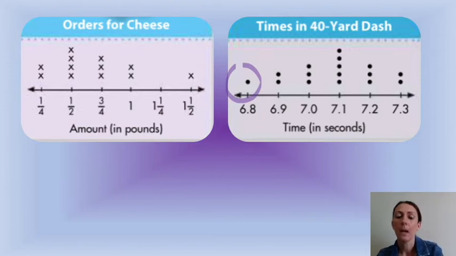So let's take a look if we were going to read this line plot. I circled one dot over 6 8/10. No, it is not 6.8. We are mathematicians, so remember that we have to read those numbers properly. So there's one dot over 6 8/10. What does that one dot represent? Take a minute, think about that in your head.